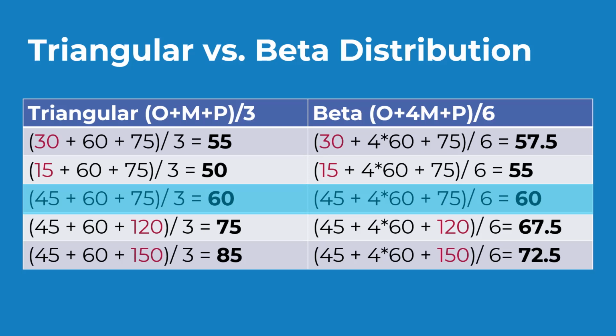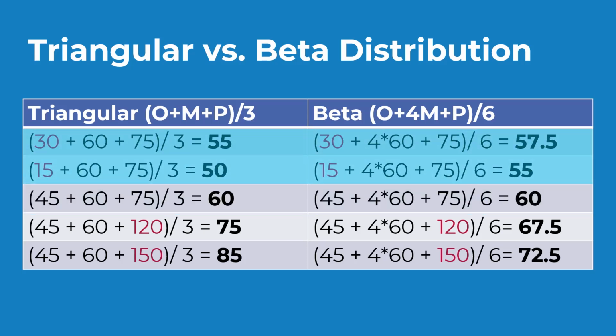One estimate she provides says could take as little as 30 hours, another even less at 15 hours. We can see that the triangular distribution is more affected by that lower number, whereas based on beta distribution, the duration estimate stays closer to the most likely estimate of 60 hours.